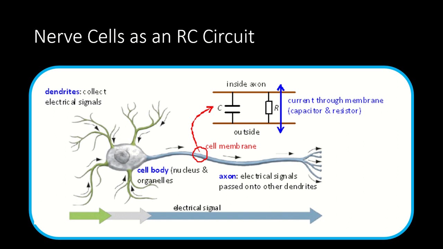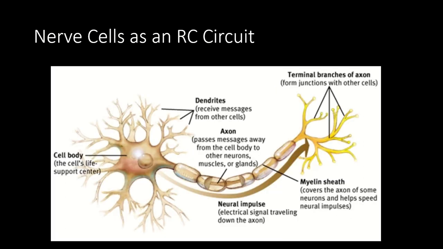And here we're going to look at some further information. What we have here is the axon that's meant to pass messages from one nerve cell to the dendrites of another. It will end in the terminal branches of the axon that forms junctions with other cells. Something that's particularly important about the axon is the myelin sheath covering the neurons.